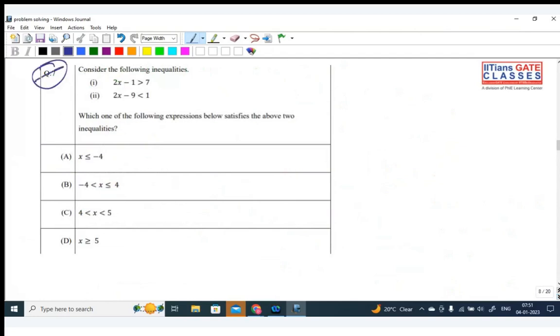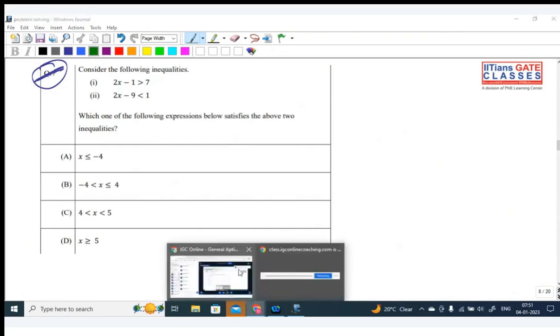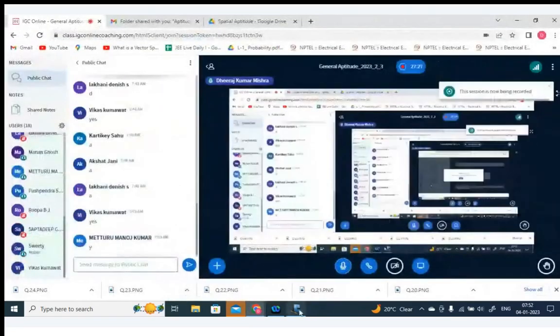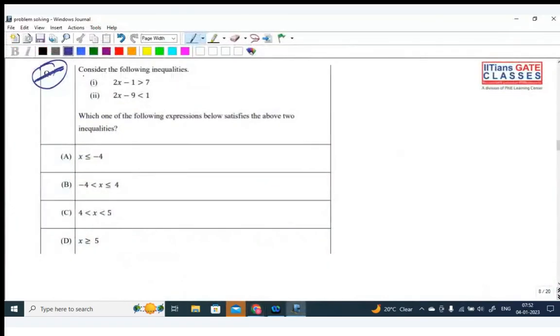This question has been asked again in the GATE examination, and I believe many of you might solve it because I have given you a very good concept on inequality. This is a very good question. Consider the following inequalities: 2x minus 1 is greater than or equal to 7, and 2x minus 9 is less than 1.